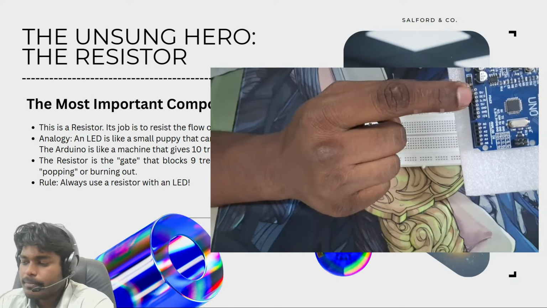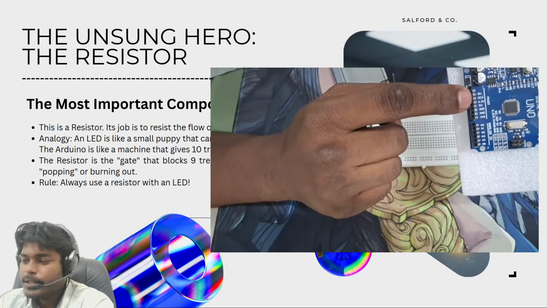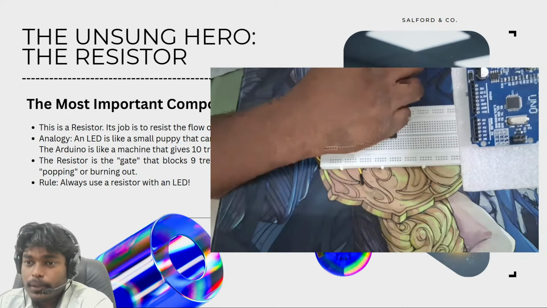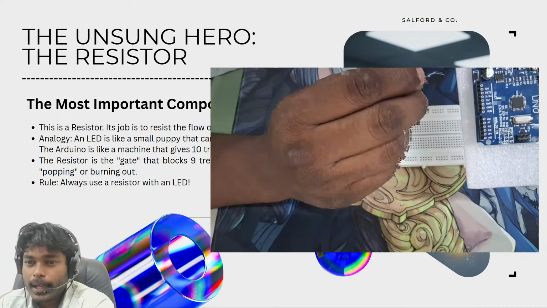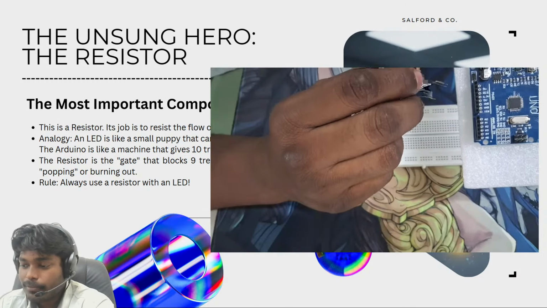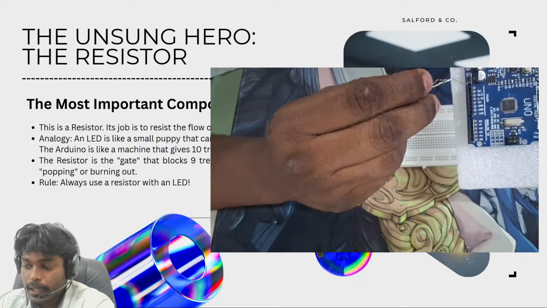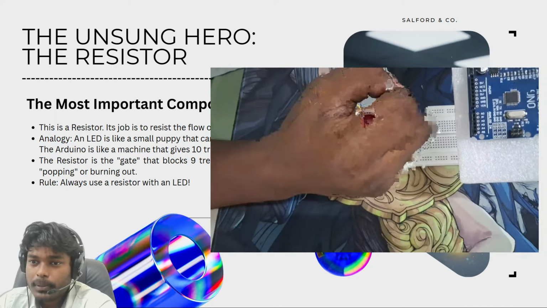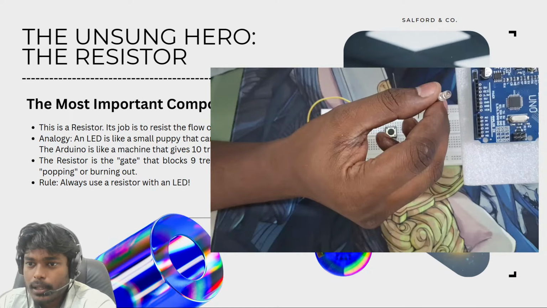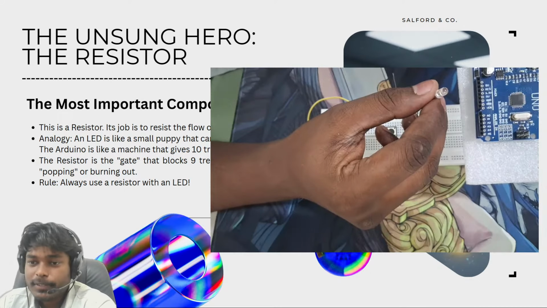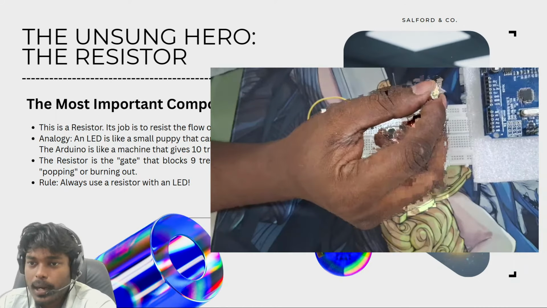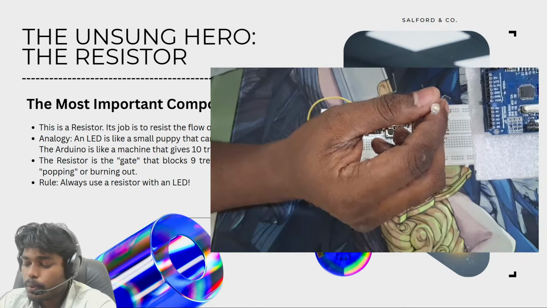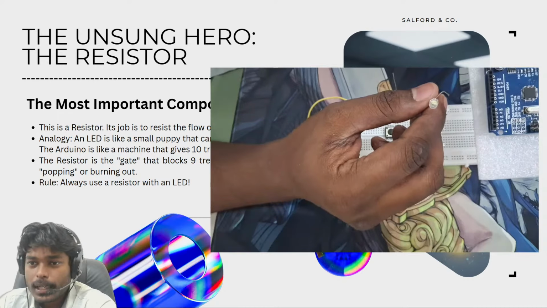Sometimes it's 5 volts, sometimes 4.7 volts, sometimes it becomes 6 volts. So whenever there is a variance in current or voltage, our LED or any other electronic component may get damaged. That is why it becomes very necessary. Whenever you are working with an LED, it's a good habit to include a resistance.